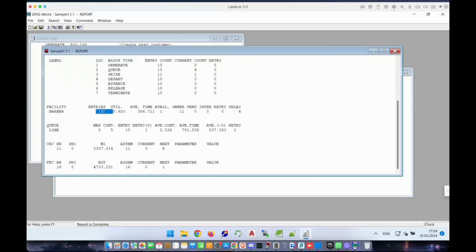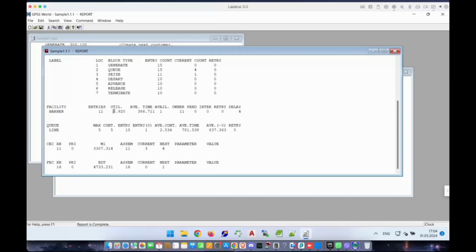Okay, so the next thing, the facility report. Here we have the amount of transacts which took the slot of the facility. Then we have the overall utilization of the facility. In other words, in percentage, what percentage of the time the facility had a transact connected to it.